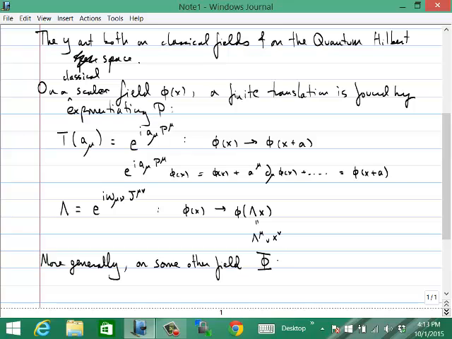So Phi, under a Lorentz transformation, will go to M times Phi. Here Phi is not just one number, but rather a collection of numbers that I'm imagining arranging into a column vector, and M is some matrix that acts on that column vector, which depends on your Lorentz transformation.